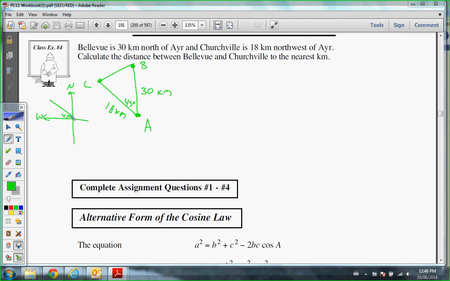Now we can set it up. I want to look for little a again. So a squared equals 30 squared plus 18 squared minus 2 times 30 times 18 cosine of 45.